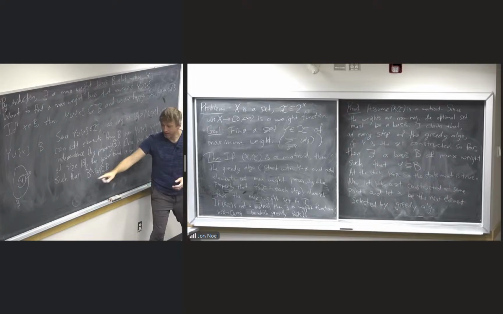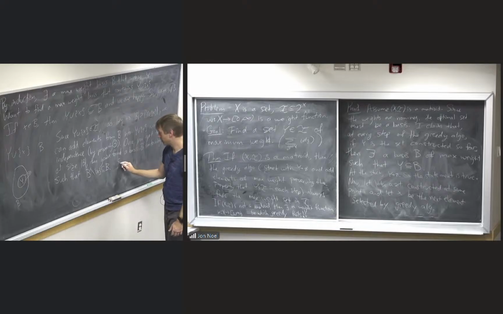So then you get this basis B prime. But during the construction of B prime, the only element that we ever added that was not in B was X, because Y was a subset of B, and we kept taking things from B and putting them in. So this is the only thing that's not in B. And notice that B prime and B have the same size.